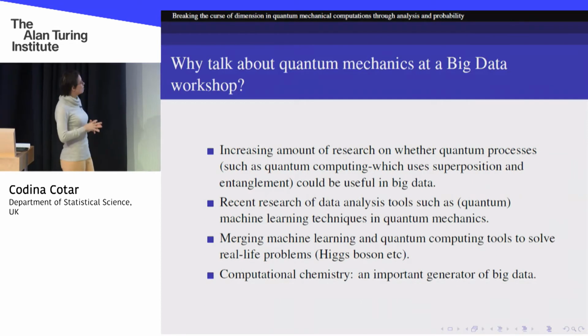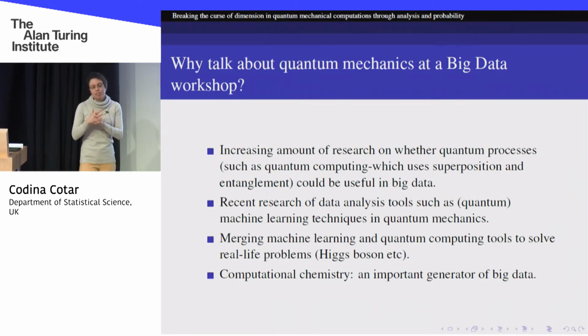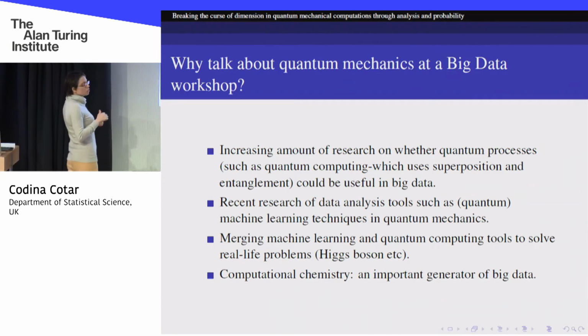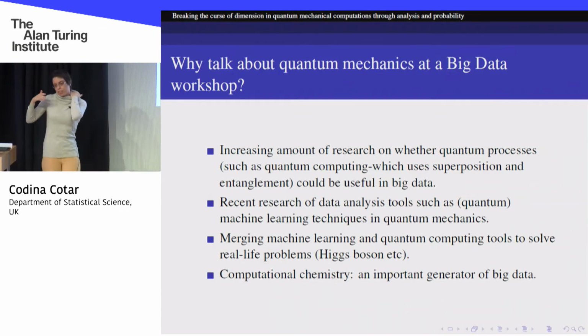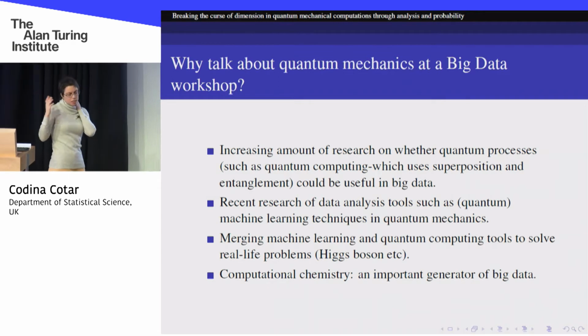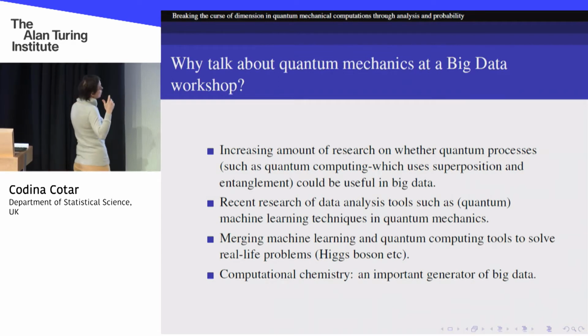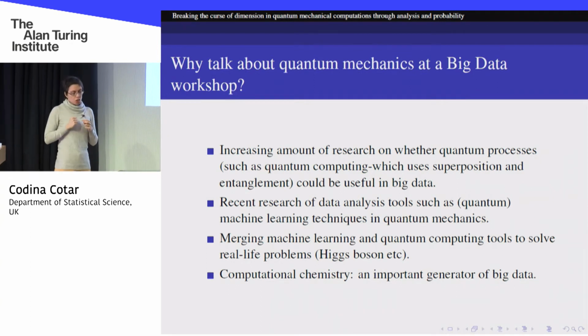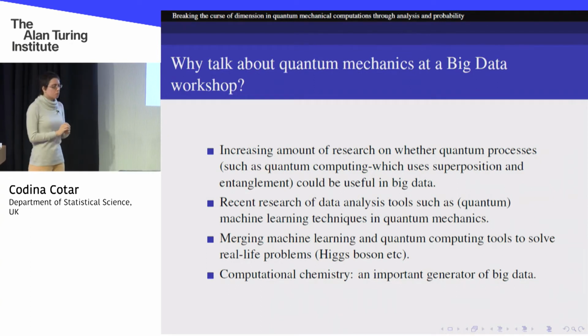There's also the other way around. So you can try to use data analysis tools in quantum mechanics. This is quite new, and it's only started in the last few years, but people are now starting to use machine learning techniques in quantum mechanics to try and speed up.